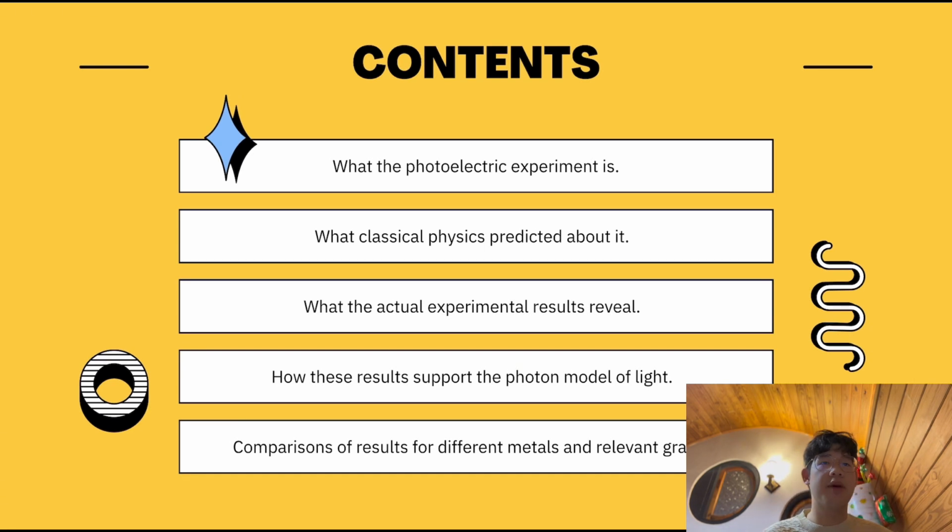Lastly is a comparison of the results of different metals and the graphs. We will also dive into key concepts like energy quantization, threshold frequency, and the difference between how intensity is understood in classical and quantum physics. We will be using a simulation to make these ideas clearer and as a source for the presentation.